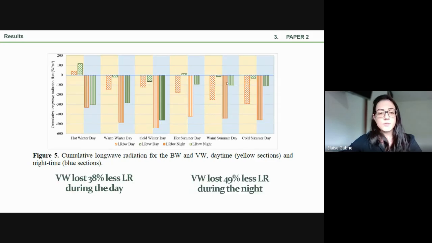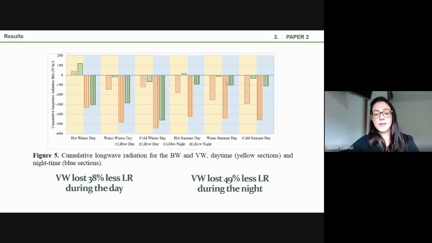When we consider the cumulative long-wave radiation fluxes, we can see that they were almost always negative for both walls. And the results show that the long-wave radiation loss is always higher for the bare wall than it is for the vegetative wall, except for the hot winter day.